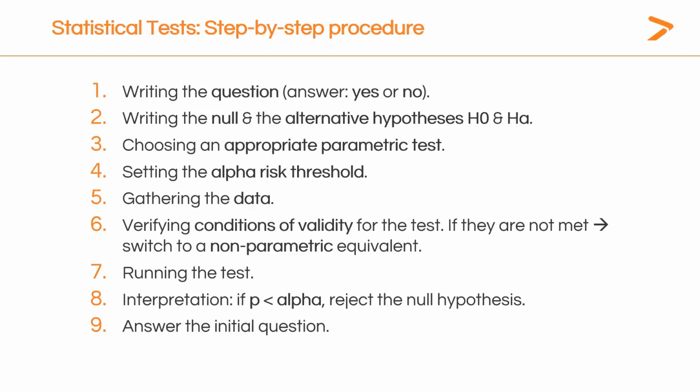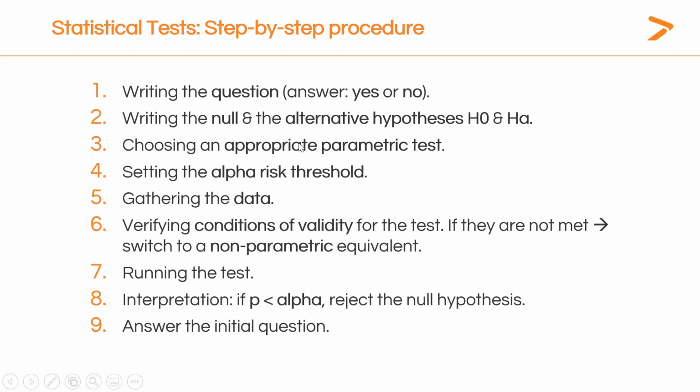So this is the step-by-step procedure I suggest you follow. We start by stating a question whose answer is yes or no. After the question, we write a null and an alternative hypothesis, so you will know what each one of them is. Don't worry, there are a lot of weird terms in this list; we'll be developing each step aside.